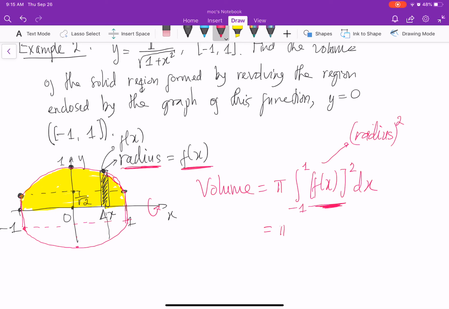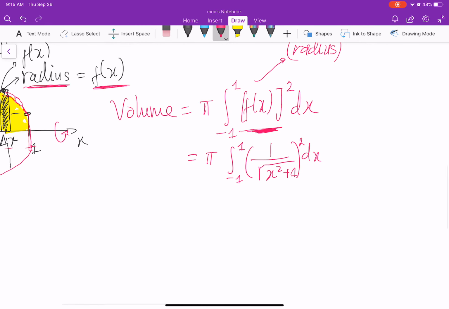All right, so now we just plug our function into this integral formula. I get pi integral from -1 to 1 of 1 over square root of x squared plus 1 dx. Here, everything is squared, and the square root will be cancelled out. I get pi integral from -1 to 1 of dx over x squared plus 1.